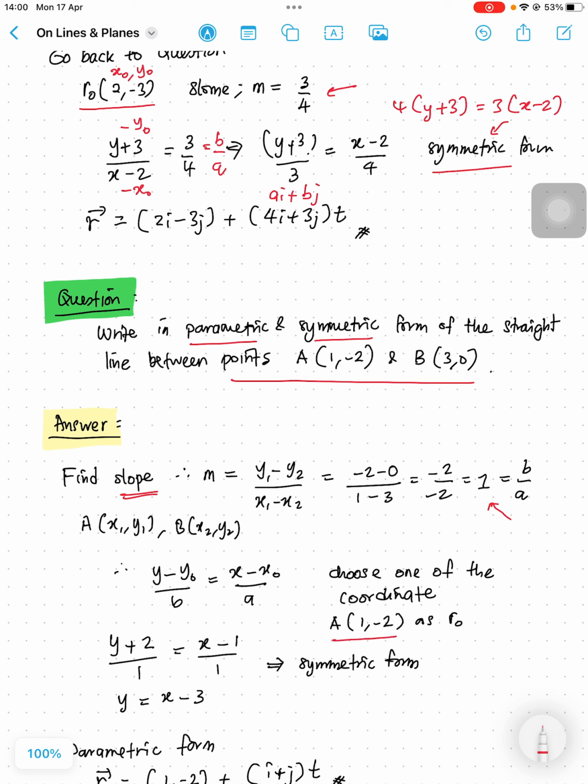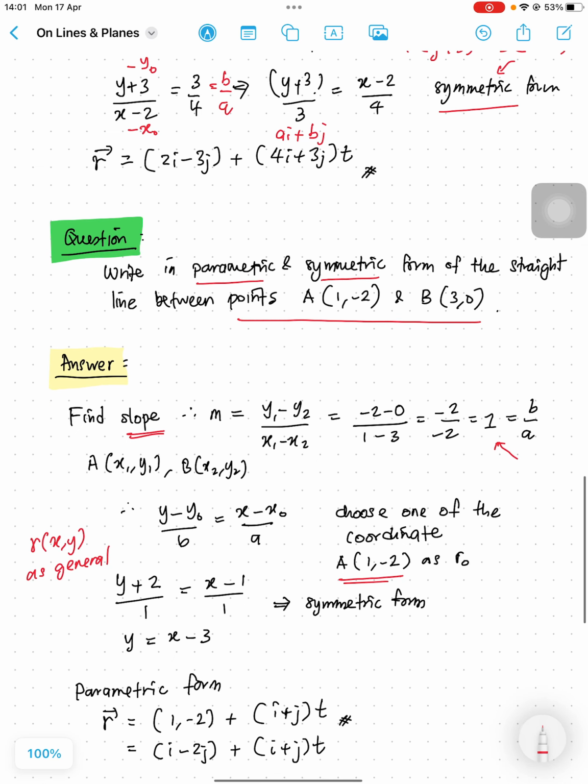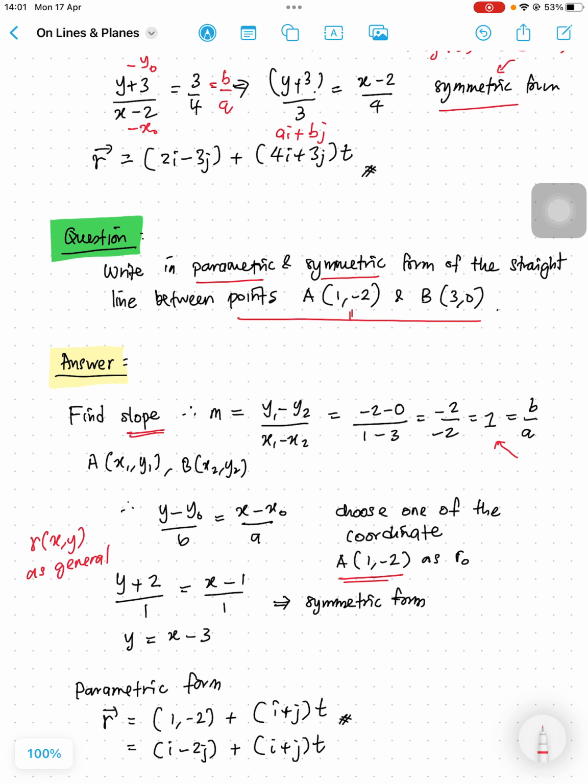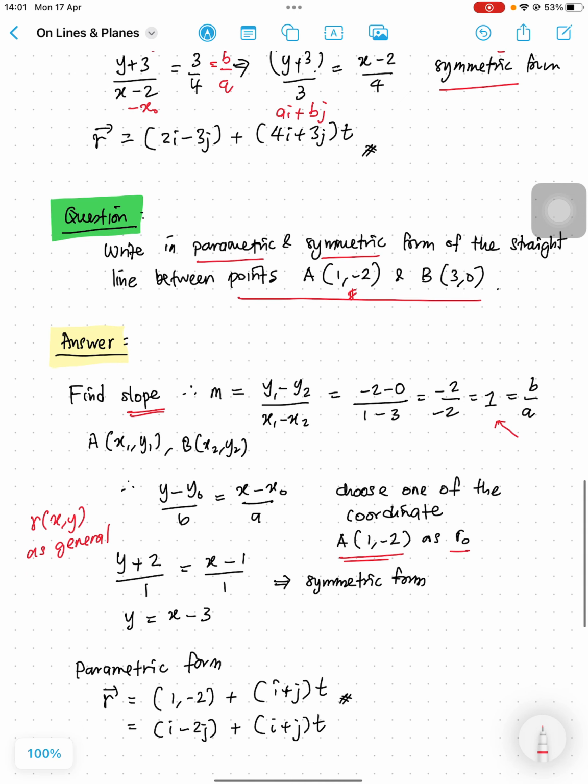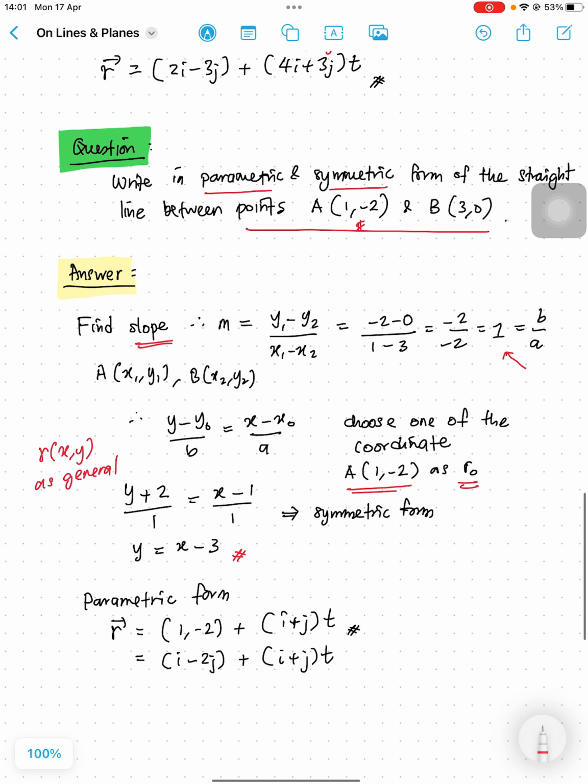Over here I choose A. I make my r, x, y as general. I choose A, 1 minus 2, as r naught, and then my m is 1, so 1 1. So this is your symmetric form. In parametric form, your a is 1 1. So you have i plus j.